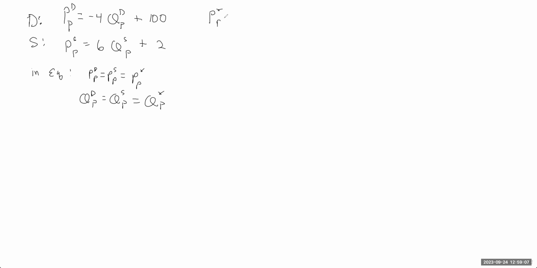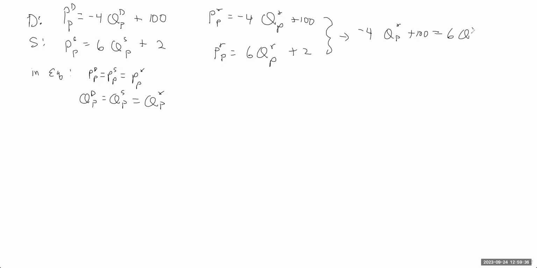We have P star is equal to minus 4 Q star plus 100. P star is equal to 6 Q star plus 2. And now we could set these two equations equal, and we get minus 4 Q star plus 100 is equal to 6 Q star plus 2.